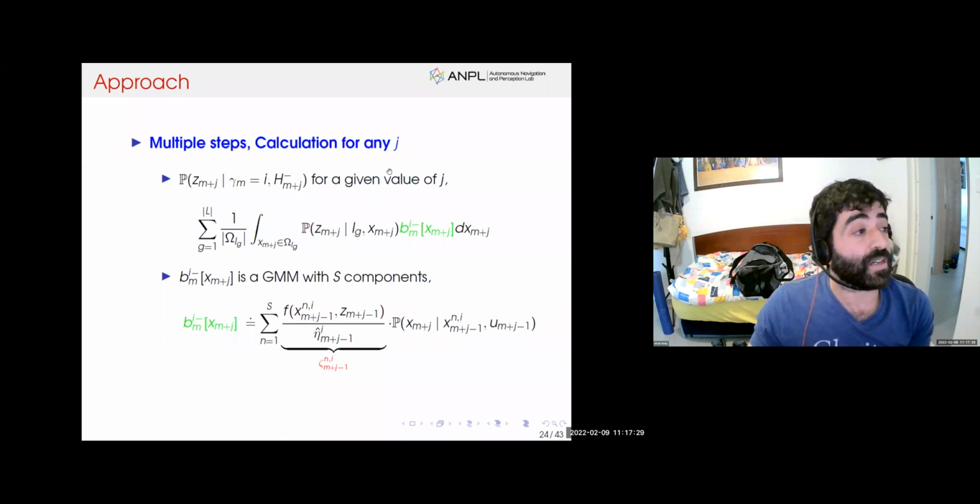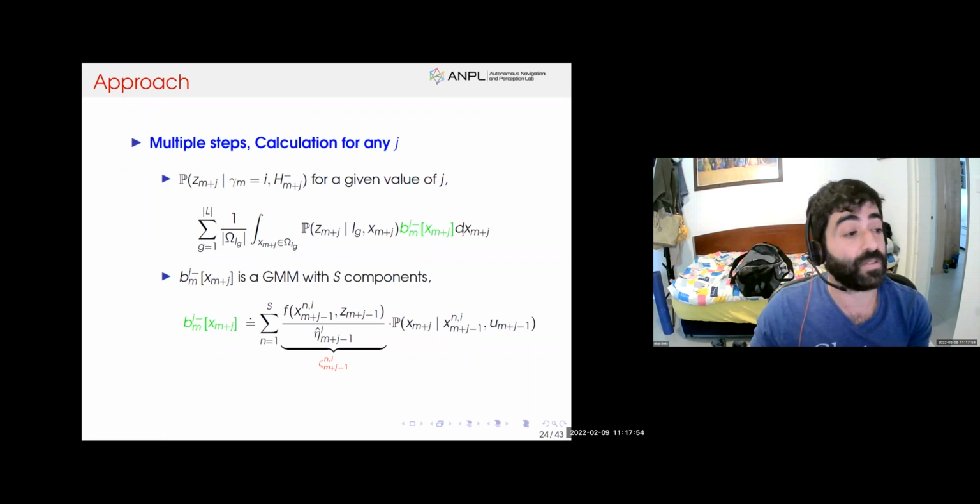So if we take a given argument from the denominator which we wish to calculate, by applying again chain rule over the robot's pose at time n plus j and all possible viewed landmarks, we retrieve the following argument, which is again, as we've seen for a single step update, the standard observation model multiplied by this argument.